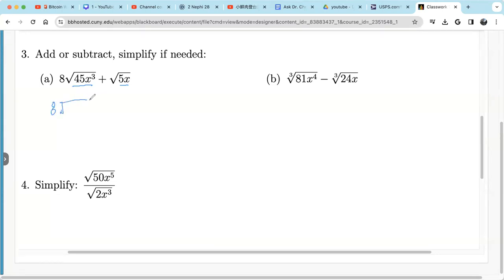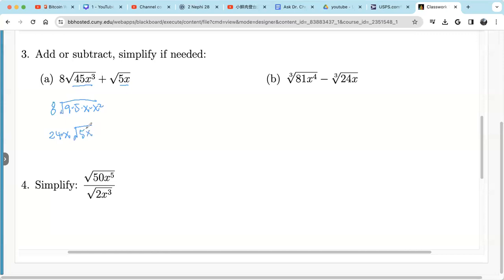So that's simplified to be 9 times 5 times x times x squared. Right? So 9, square root of 9 is 3. 3 times 8, 24. Then x squared square root becomes x. So inside we still have 5x.